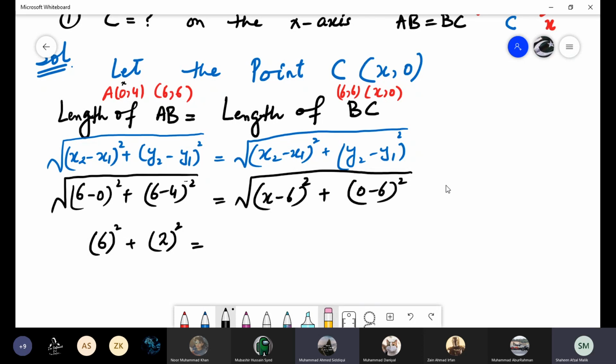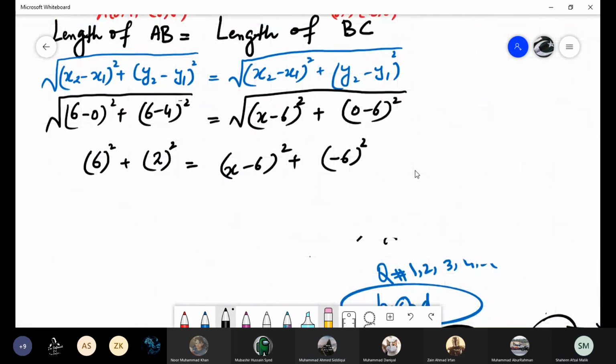And here it is x minus 6 square, and here 0 minus 6 will be minus 6 and its square. Okay, now take the squares of these numbers. When you take the square of 6, what will it be?